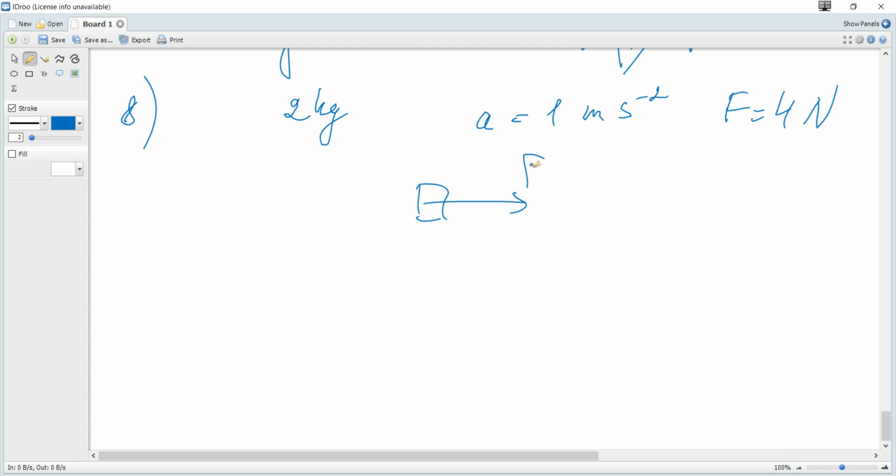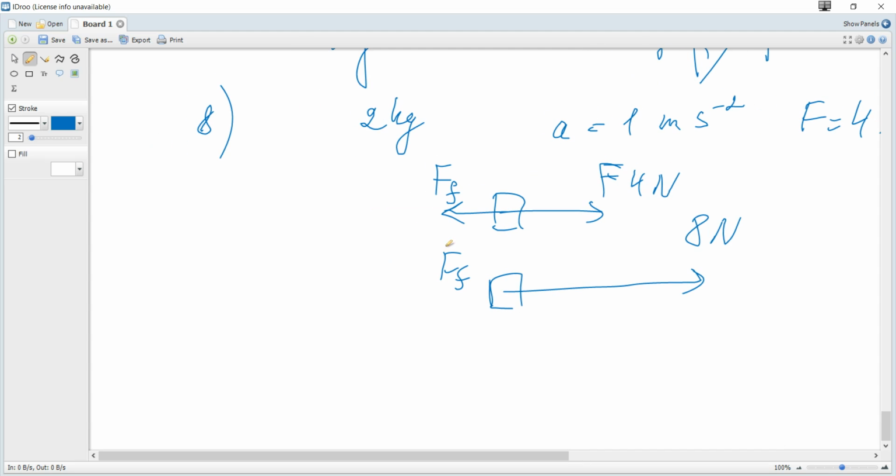So there is a force, some resistive or frictional force, it's before, and then the force is doubled, so it was 4 newtons, now it's 8 newtons, but the friction is the same. What is the block's acceleration?